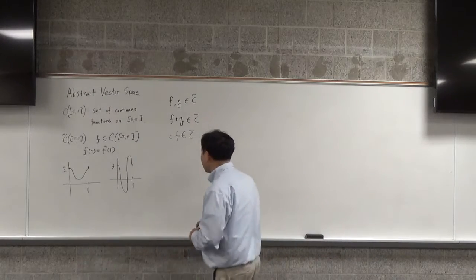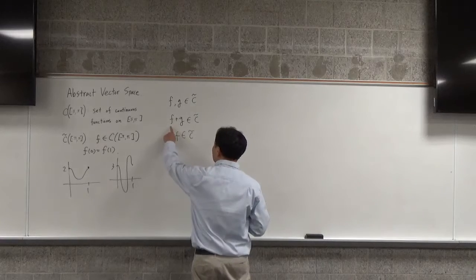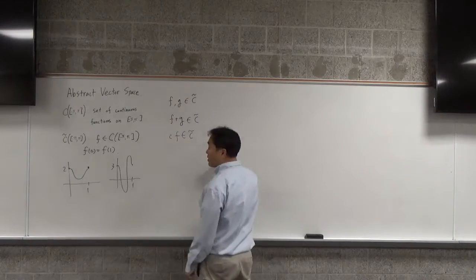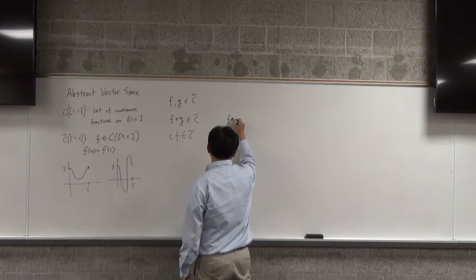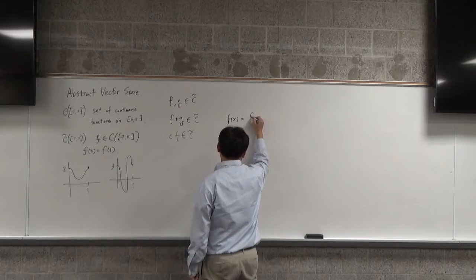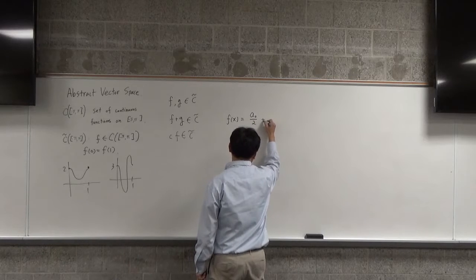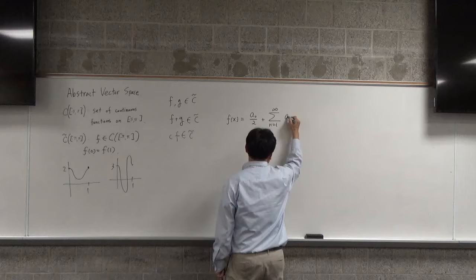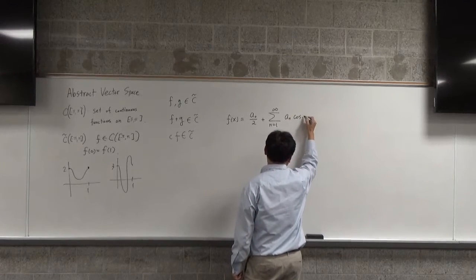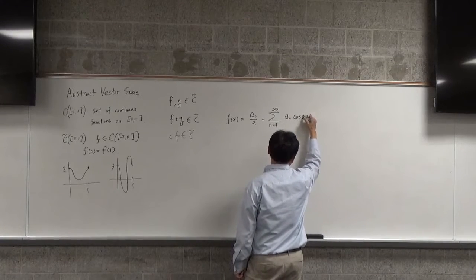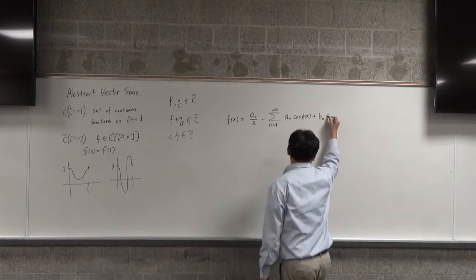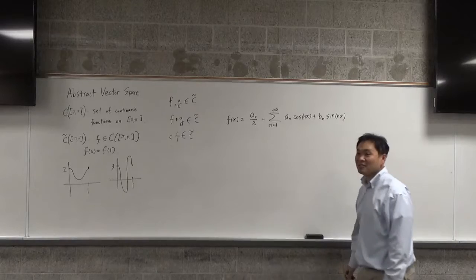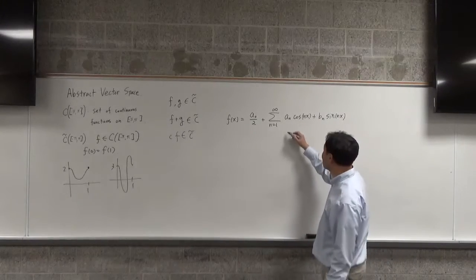If you have any periodic function from negative pi to pi, we can say that f of x is equal to a0 over 2 plus summation n from 1 through infinity of an cosine nx plus bn sine nx. What is this thing called? The Fourier series.